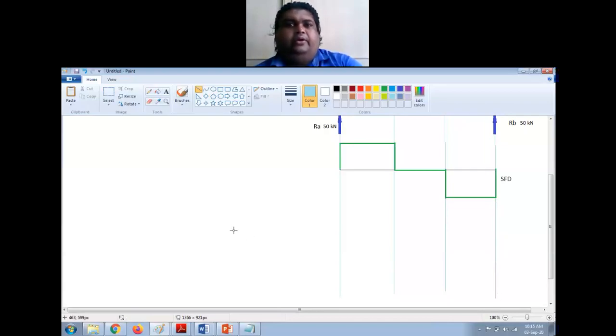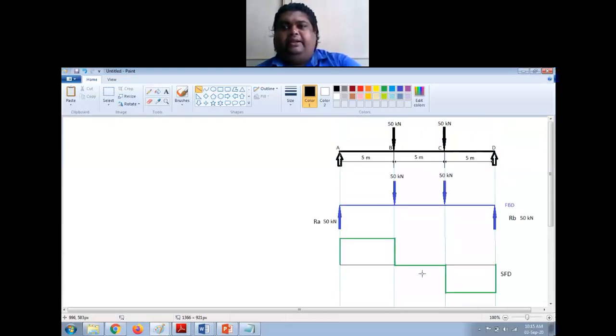Now again, I'll first draw a horizontal line which is representing my beam. All right. Now I have to calculate bending moment at all the points. Now I have 4 points on this beam: A, B, C, and D.